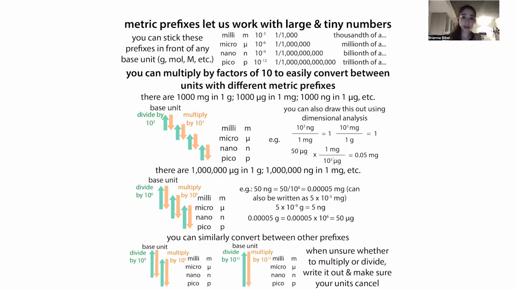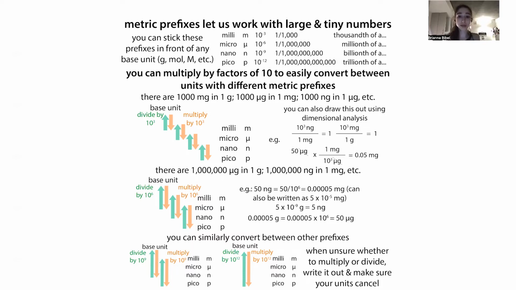So when we deal with these units, we can think of them in terms of going to the base unit. Whatever we're putting this in front of, whether that's a gram, a meter, a liter, or a molar, we can stick this in front of that. And then we can talk in terms of how much you need to multiply or divide by to get to that base unit.